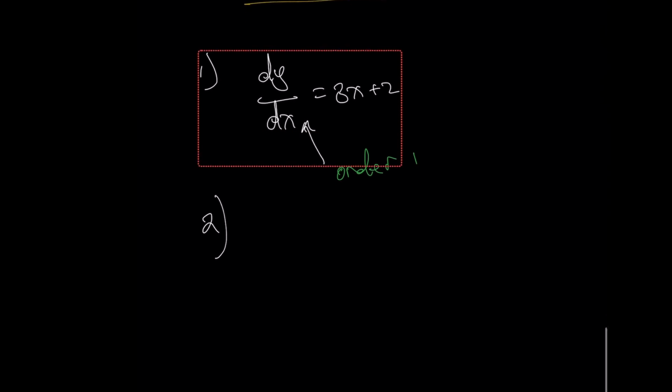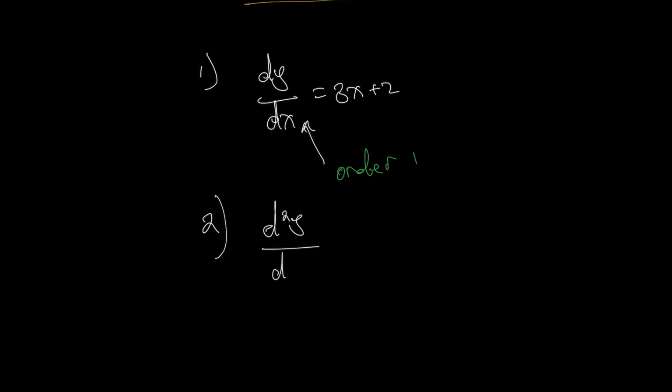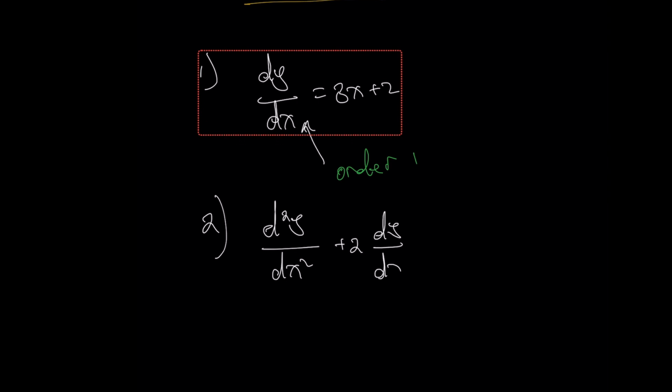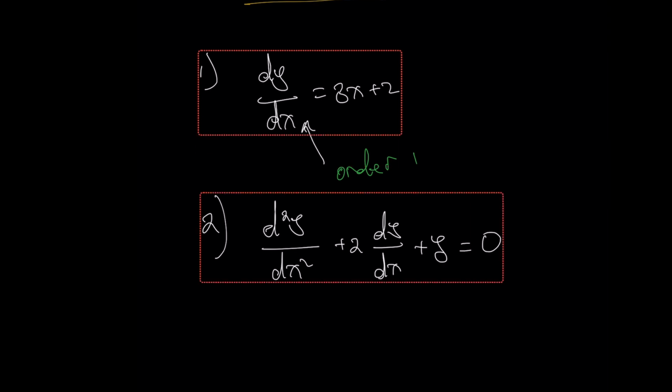Let's look at another example. You have d2y/dx squared plus 2 dy/dx plus y being equal to 0. So the order here will be order 2 because we have differentiated y with respect to x twice.